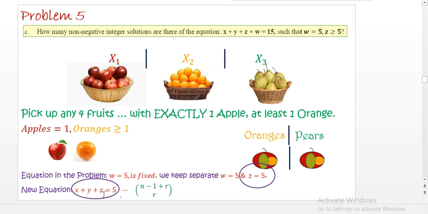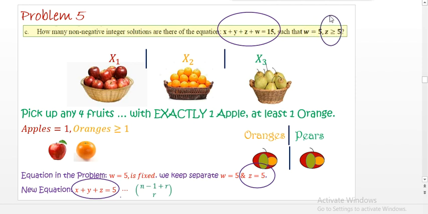So x + y + z = 5, and then we solve using (n minus 1 plus r) choose r. Please keep in mind, when we have equality like w = 5, w is excluded altogether from our equation.